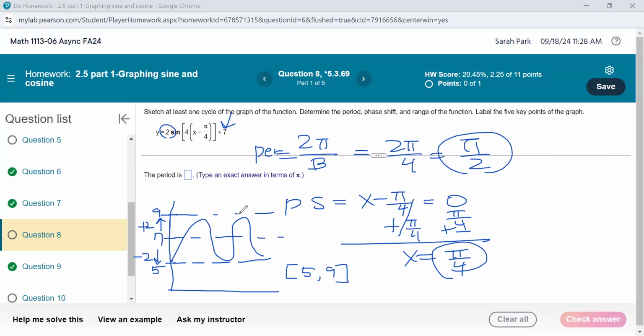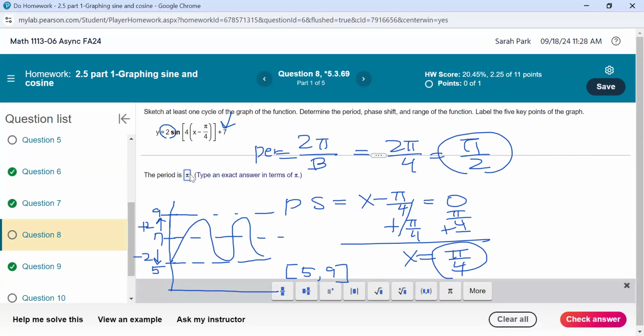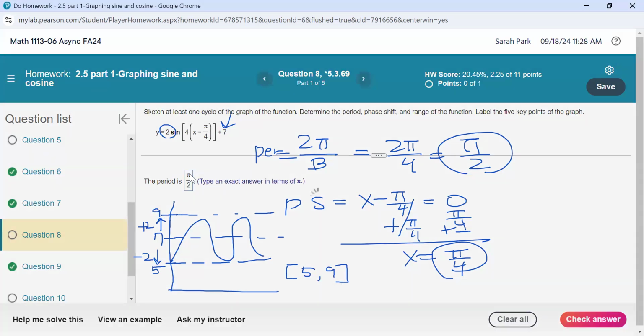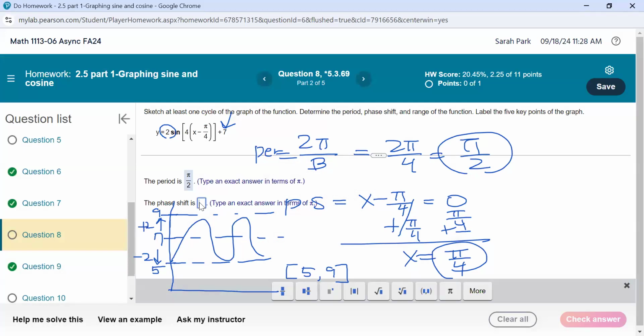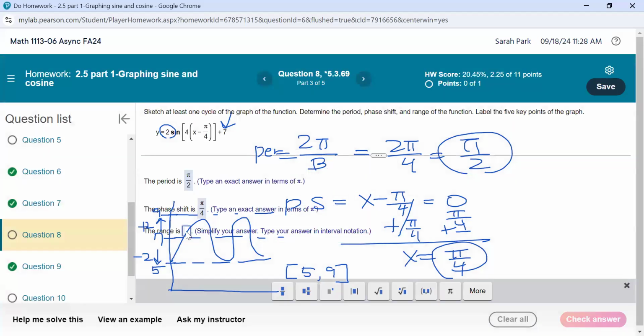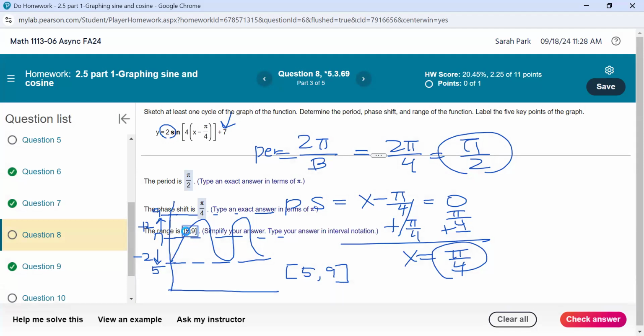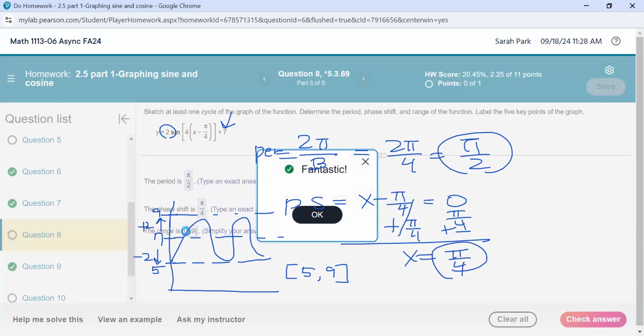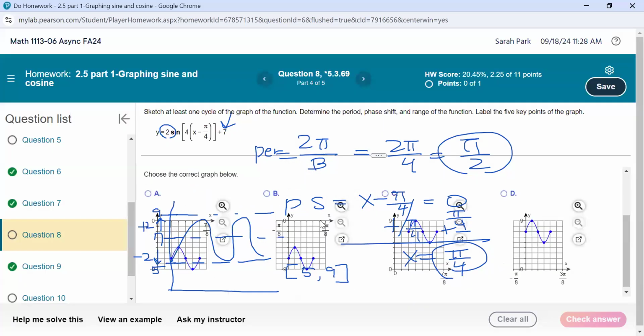Okay, so let me type that all in before I go on to the next one. So pi over 2. And then the phase shift is pi over 4. And then the range is 5 to 9. Okay, and now it asks for the graph.